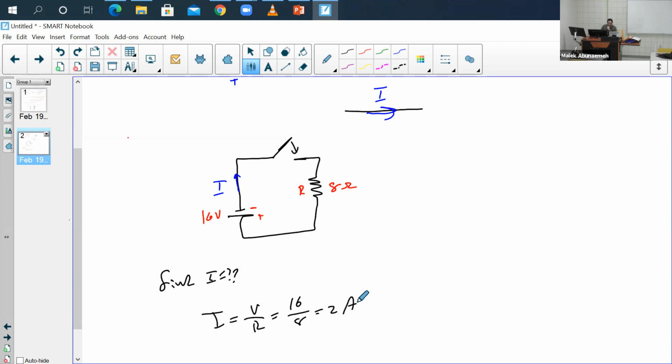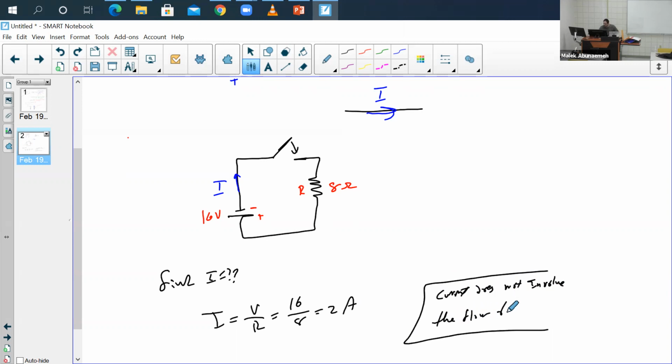Now, the direction usually goes from positive to negative, but the current does not always involve that. The current does not always involve the flow of electrons.